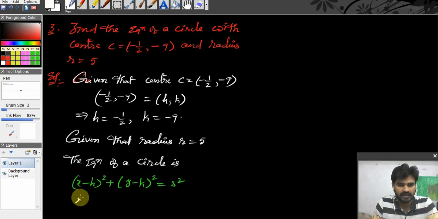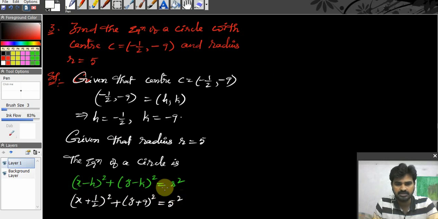Now x minus h means minus 1 by 2, minus of minus, plus 1 by 2 whole square, plus y minus k whole square. So y minus k means minus of minus, plus 9 whole square is equal to r means 5 square. So now you can continue here.